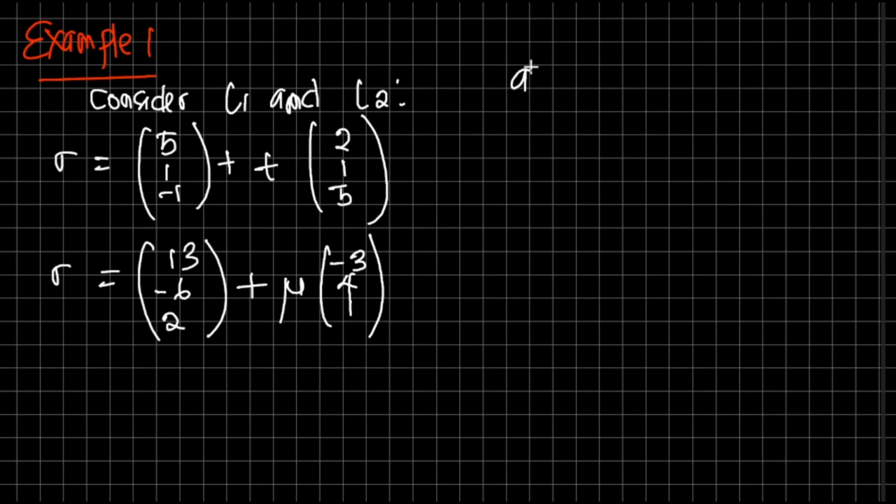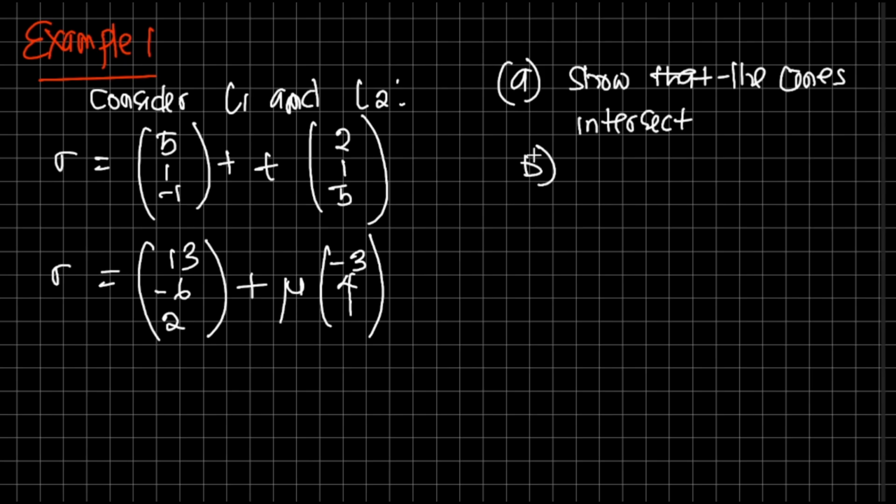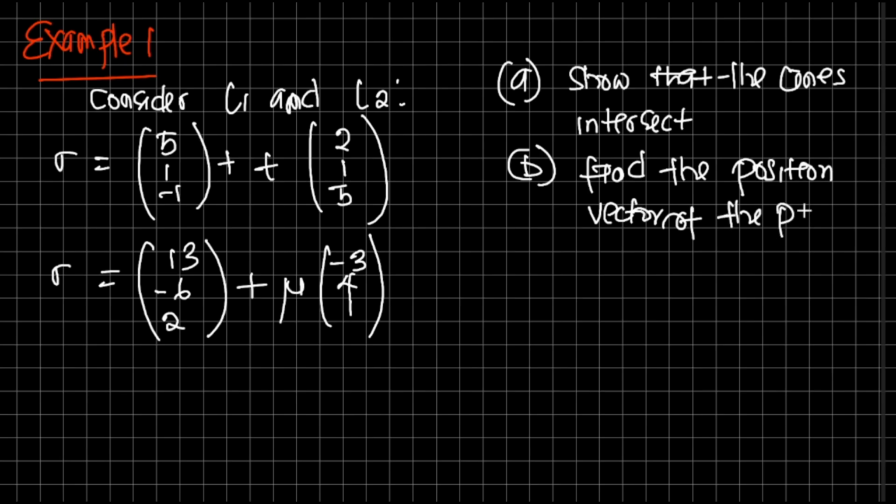So we have to do two things. A, show that the lines intersect, and B, find the position vector of the point of intersection.